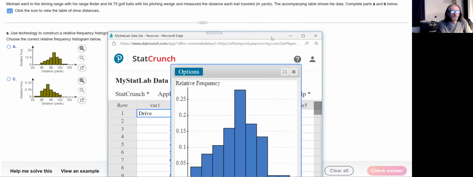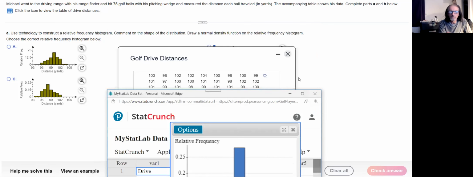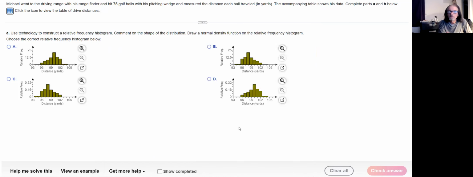Now, first off, if I close that, choices A and B cannot be possible. Those are frequencies. We want relative frequency, which is essentially the same as empirical probability.